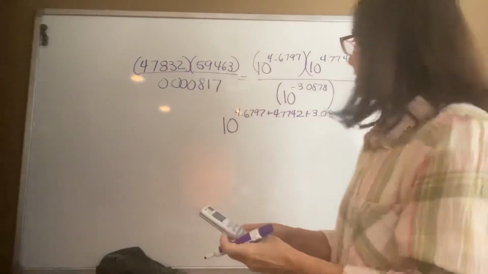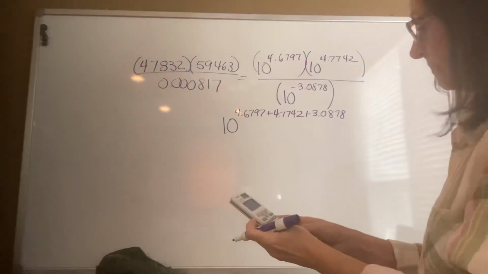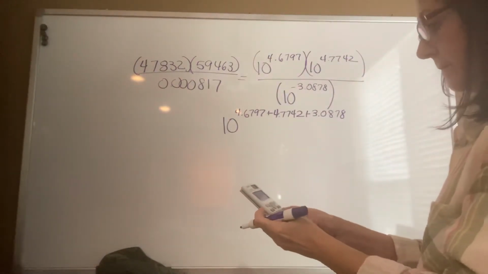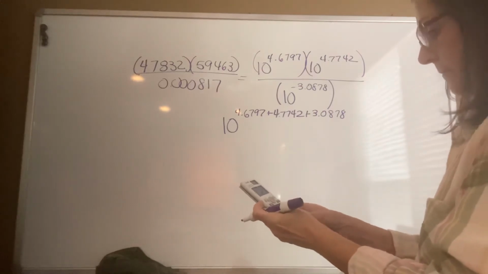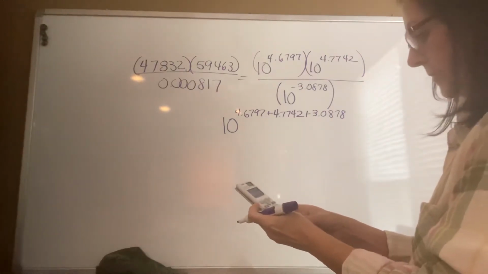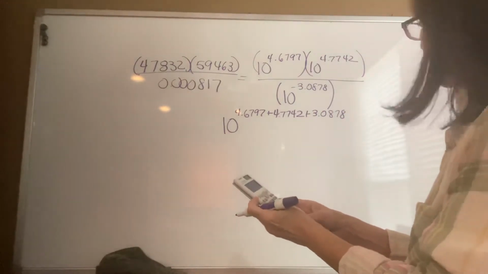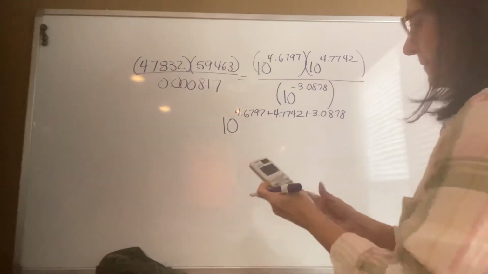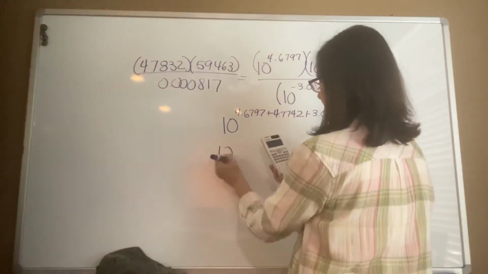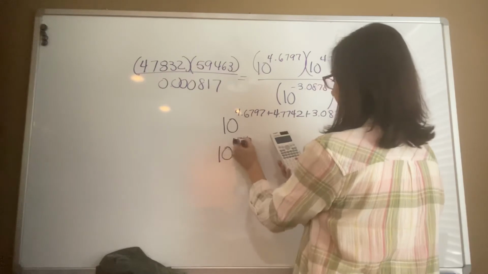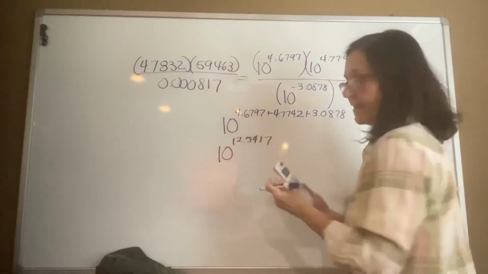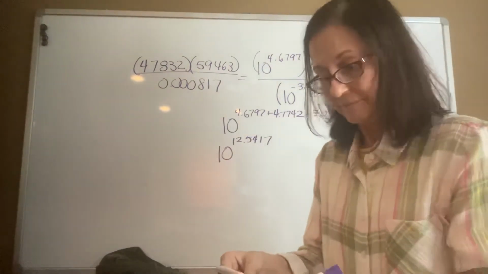I'm going to add all of those exponents. 4.6797 plus 4.7742 plus 3.0878. And this is 10 to the 12.5417.